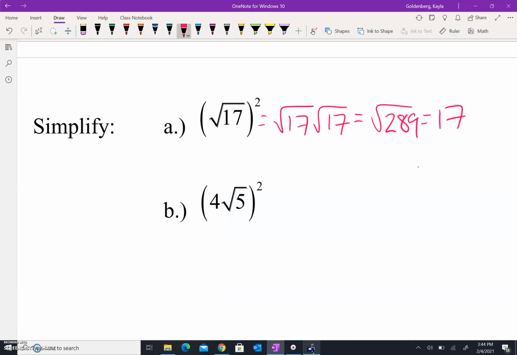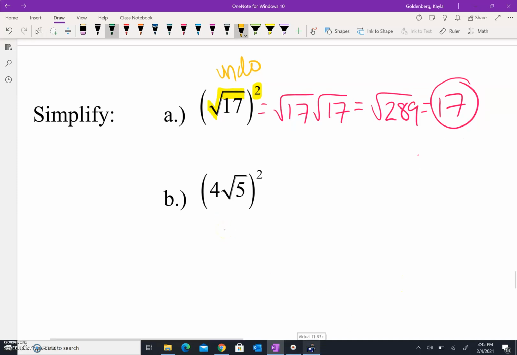There's an interesting pattern there if you notice, right? The square root of 17 squared gives you back the 17. There's something about squaring a square root that you're undoing, right? It's like adding then subtracting, multiplying then dividing. Those operations undo each other, which is really quite interesting.